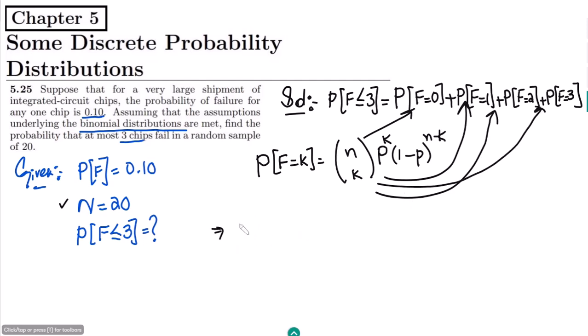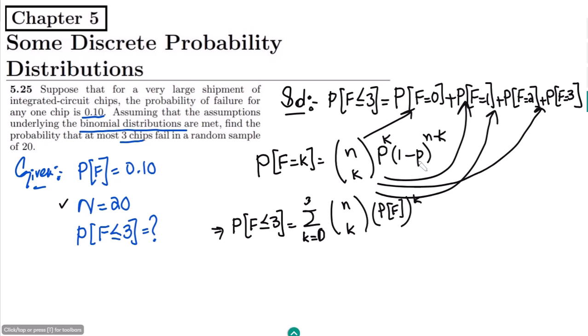Therefore, to find the probability that f is less than or equal to 3, we apply the similar formula for k equal to 0 up to 3: n choose k, p of f raised to the power k, and 1 minus p of f raised to the power n minus k.